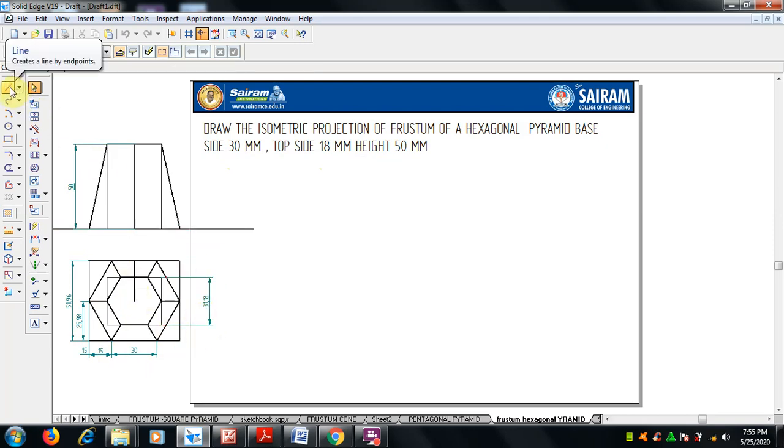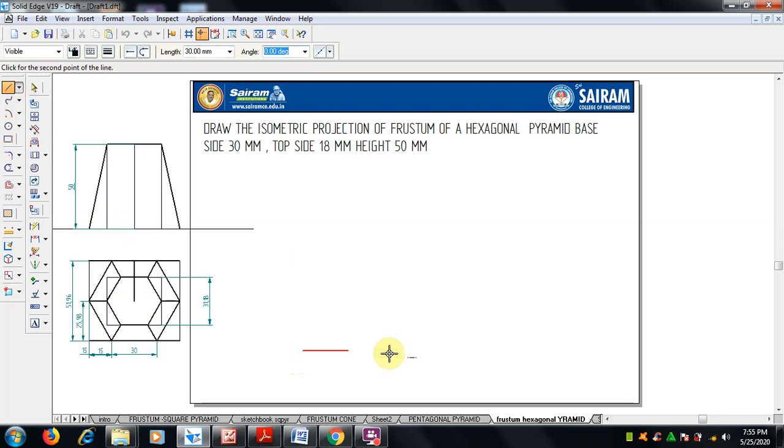So how to draw? As I said earlier, draw the base hexagon and the top hexagon separately. You cannot draw directly like this, so better draw one by one. So I am keeping a hexagon. What is the hexagon size? 30 mm, right?